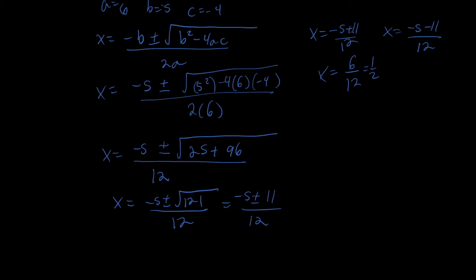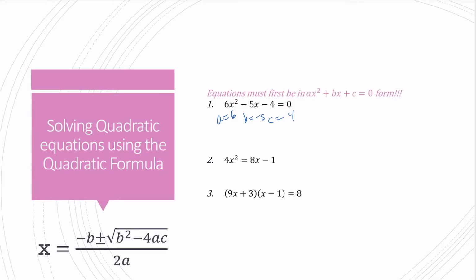And x equals negative 5 minus 11, so x equals negative 16 divided by 12. That's x equals negative 4/3. And this should have been negative, so my signs would have been different on my solutions. But we saw how the quadratic formula worked.